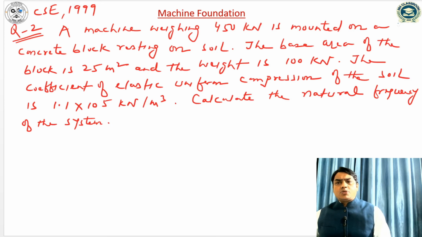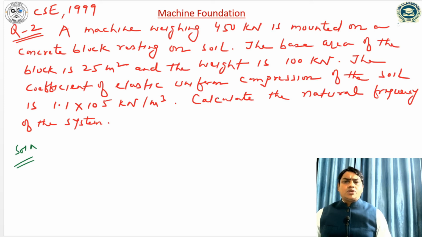Let us take another problem. A machine weighing 450 kilonewton is mounted on a concrete block resting on soil. The base area of the block is 25 meter square and the weight is 100 kilonewton. The coefficient of elastic uniform compression of the soil is 1.1 into 10 to the power 5 kilonewton per meter cube.